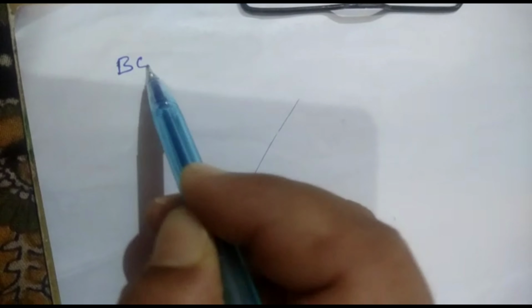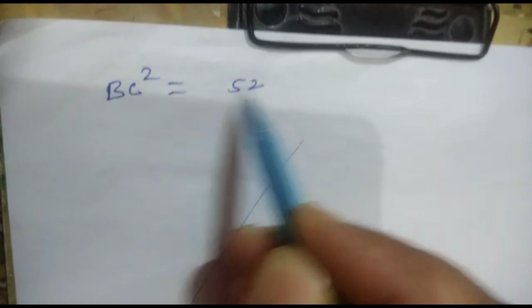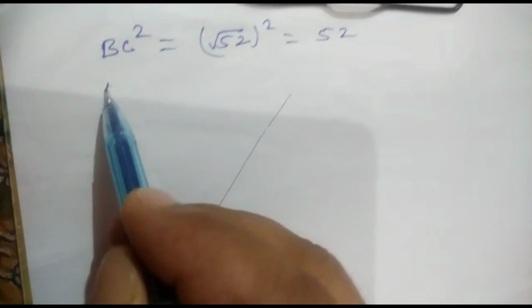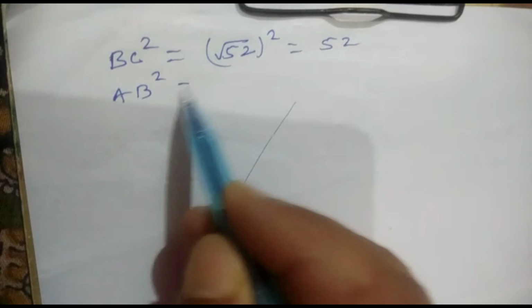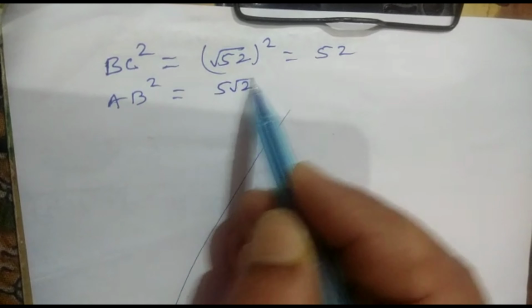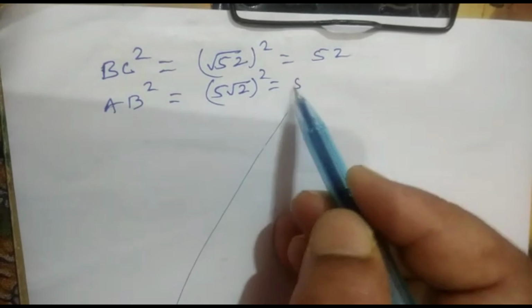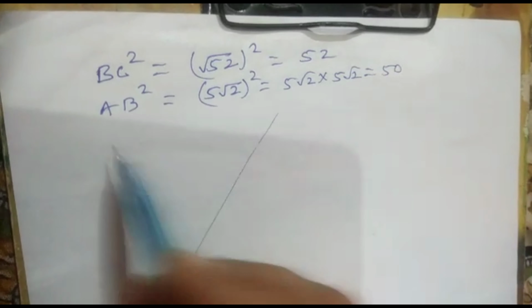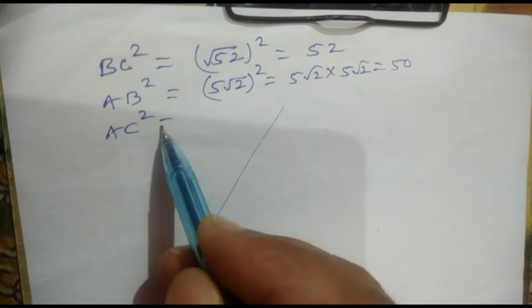So firstly I will find the BC square. BC square, that is root 52 square, and this is 52. Now I will find AB square. The value of AB is 5 root 2. So 5 root 2 square is 5 root 2 into 5 root 2, that is 50. And our third one is AC square.